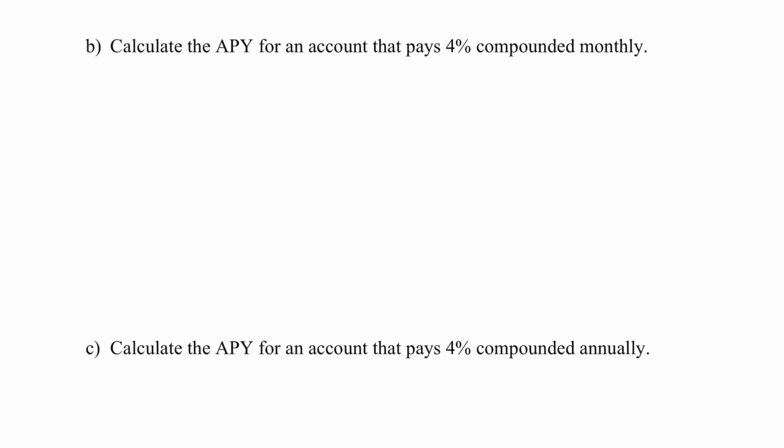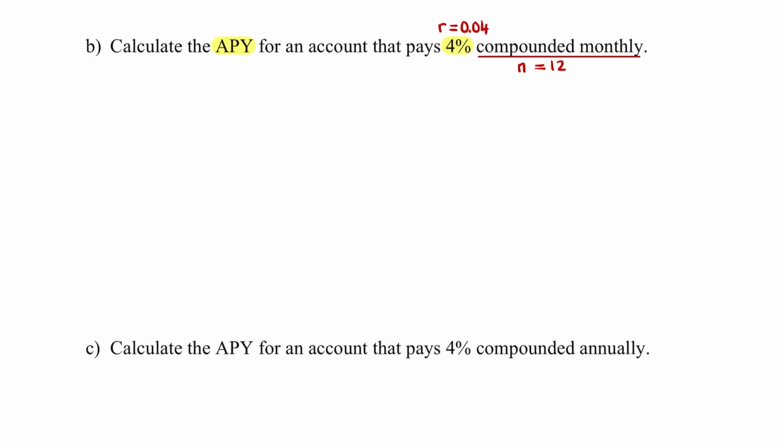Question B. Calculate the APY for an account that pays 4% compounded monthly. I need to calculate the APY on the account that pays 4%, which means my R is 0.04, compounded monthly, which means 12 times a year, and N is 12.